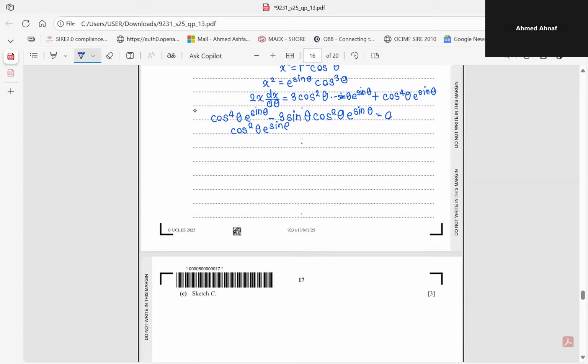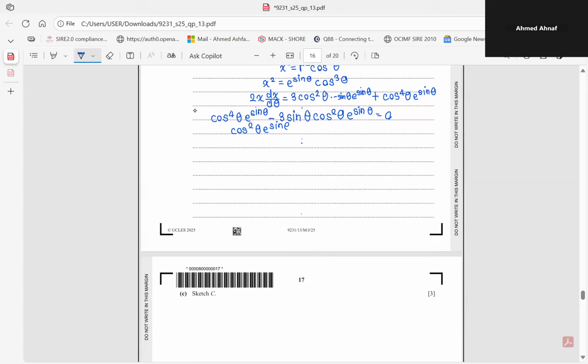So let's find the value of theta for this. Sine inverse of square root 13 minus 3 over 2 gives, to 3 decimal places, 0.308.